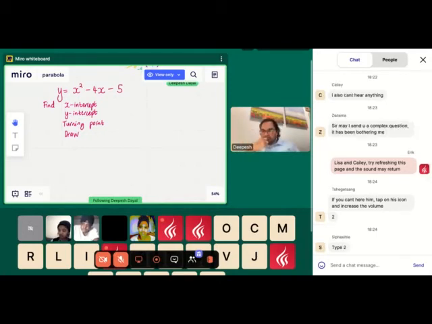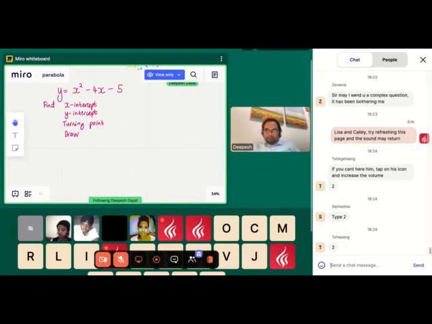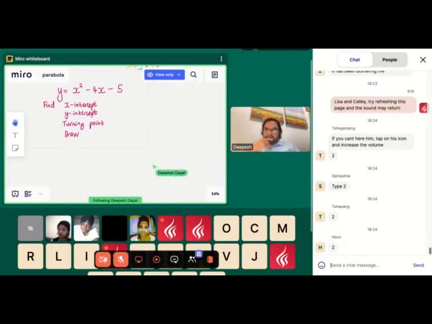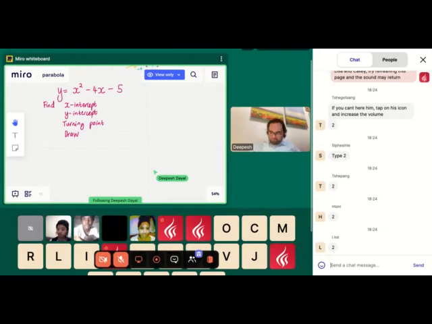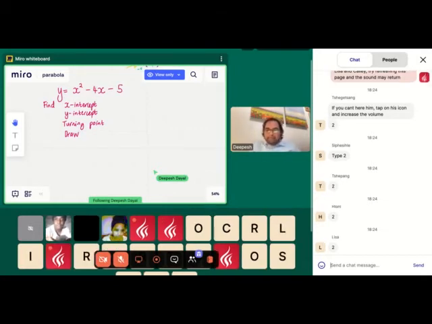Find x-intercept, y, and the turning point. Great, well done for identifying that. Okay. Right, we'll give you a few minutes to work these out, and we can check our answers and compare.